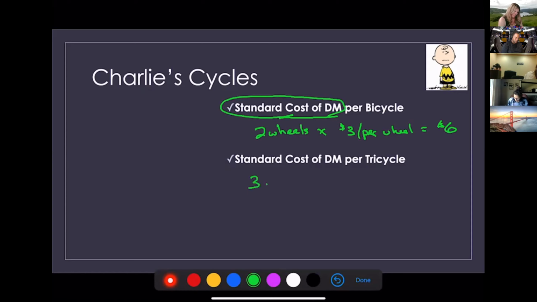For a tricycle, it would be the 3 wheels times $3 per wheel, which equals $9. This is our standard cost.